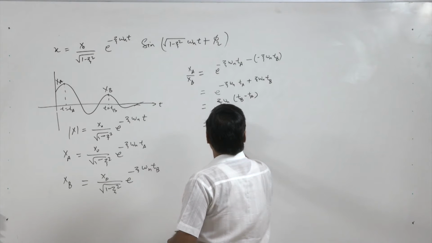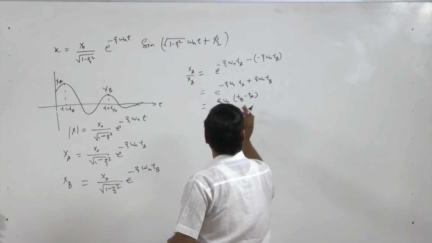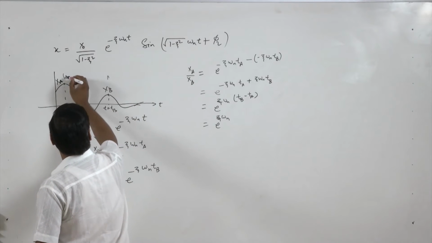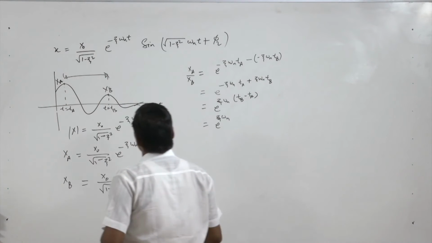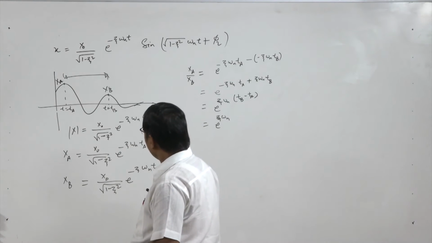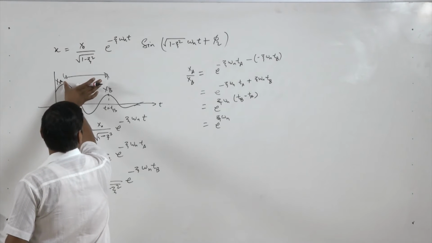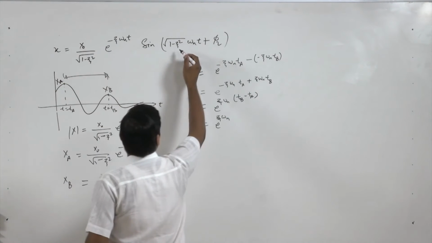Here tb minus ta is nothing but the time period, because it is the time between two peaks. And what is the time period?